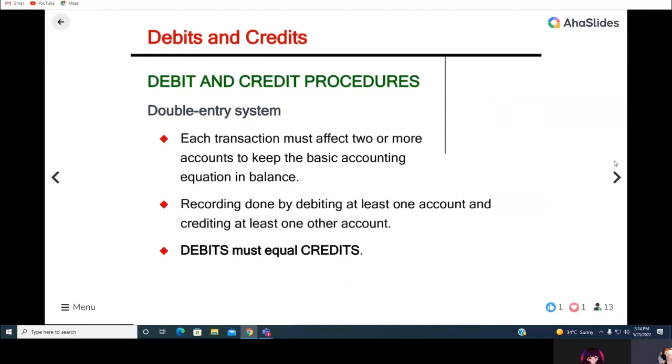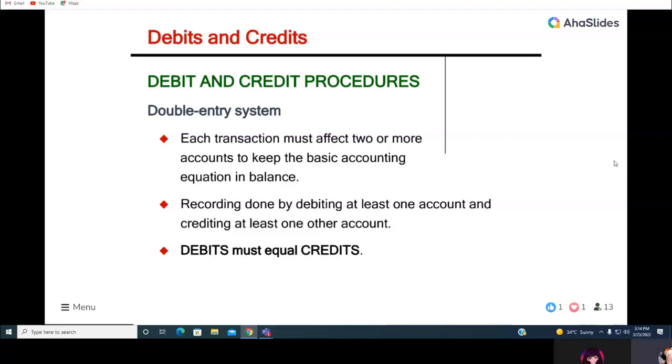All right, now, this is the way in which we record in a double entry accounting system. Keep in mind, each transaction affects two accounts, or it can affect more than two accounts in the balance sheet equation or the basic accounting equation. That equation again is assets equal liabilities plus equity.